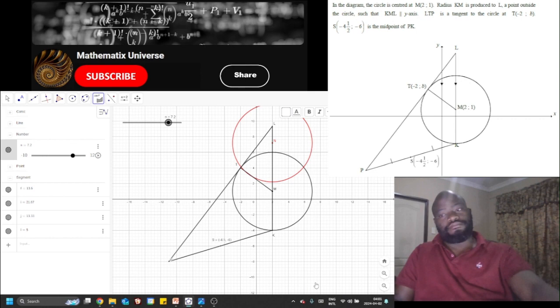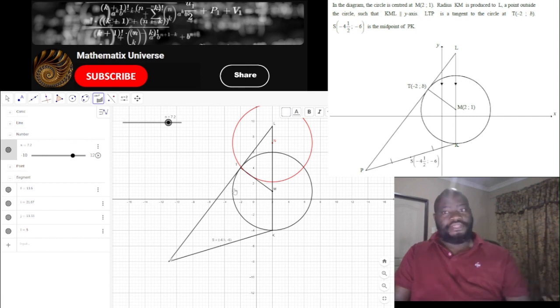On GeoGebra, I've already drawn the picture. You can see they are the same. And let me just hide this for now. Then the red circle is the new circle that they've been talking about.